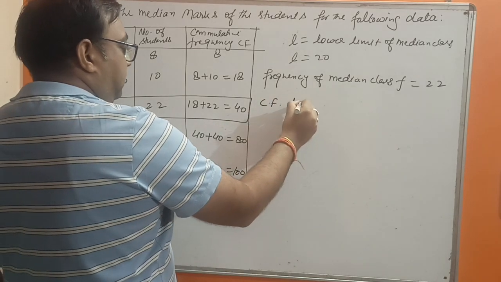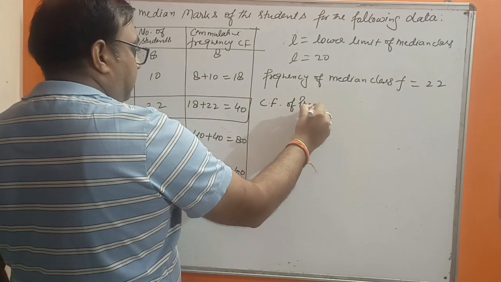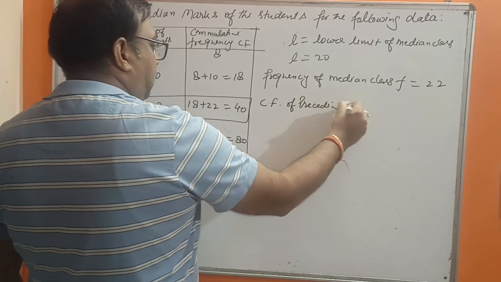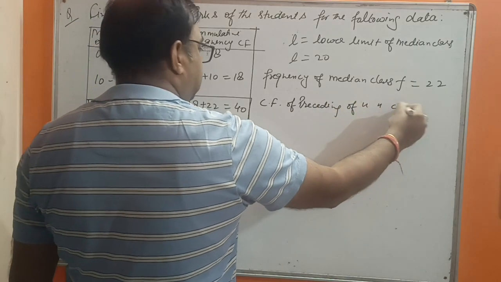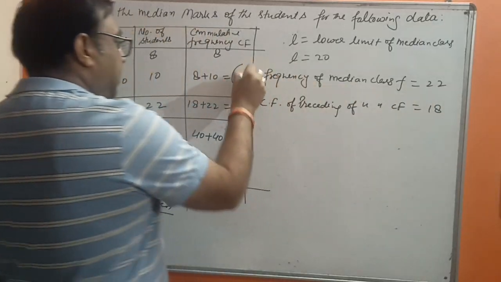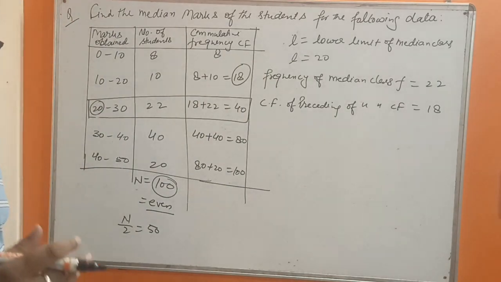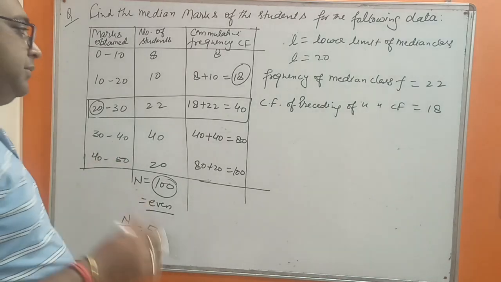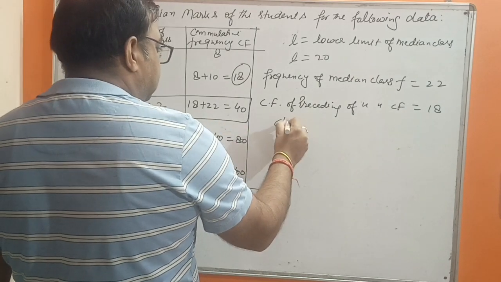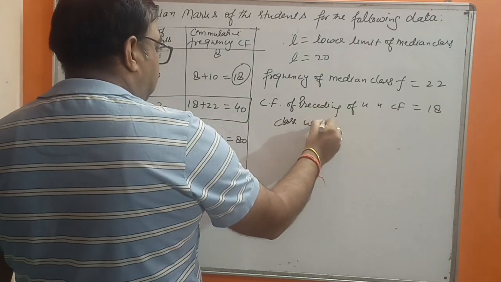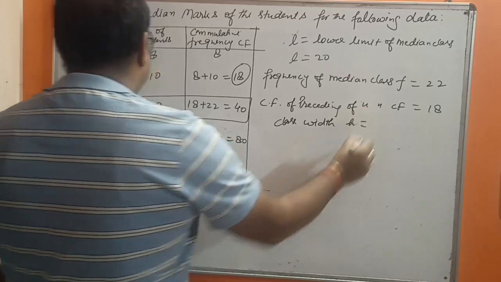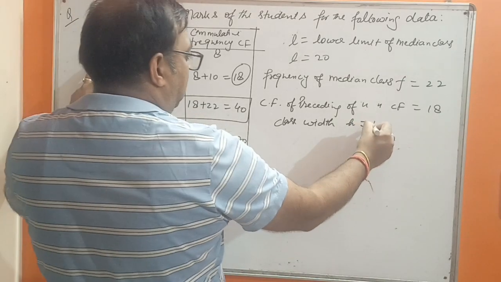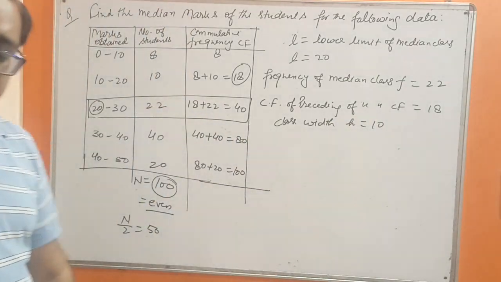The CF of the preceding class of the median class is 18. Sometimes it is represented by CF, or in some cases simply by capital F. Now the class width, that is h. What is this? The difference between the lower limit and upper limit, which is 10.